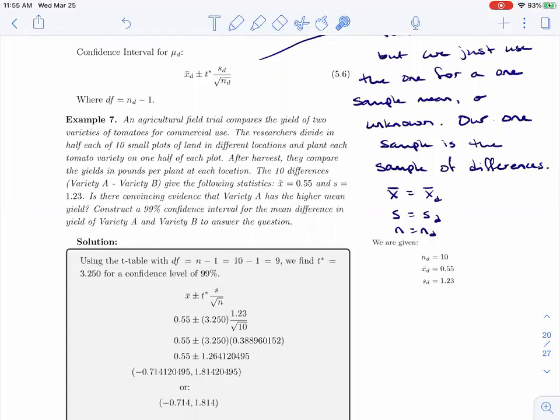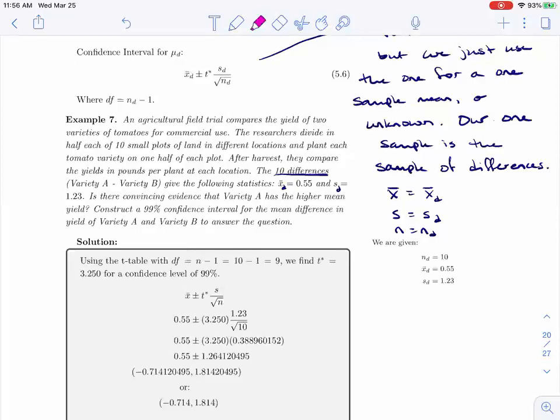The 10 differences, which we're just using variety A minus variety B, give the following statistics. The mean here is the mean of the differences, so that's important. And the standard deviation of the differences is 1.23.